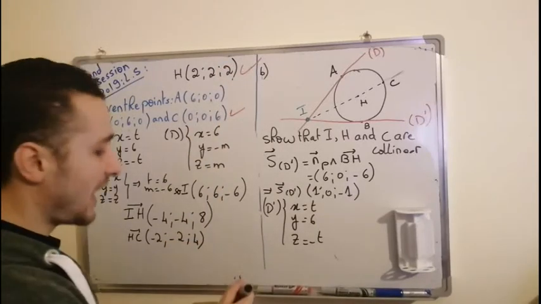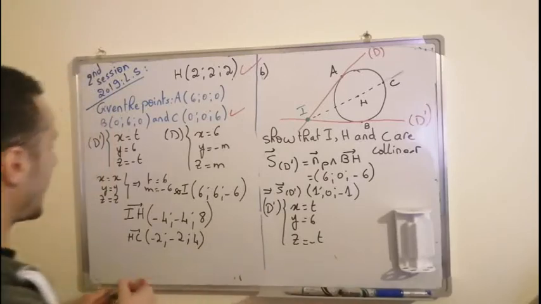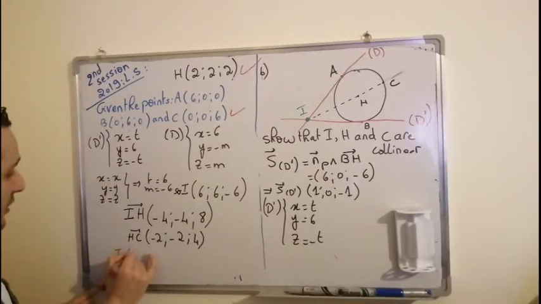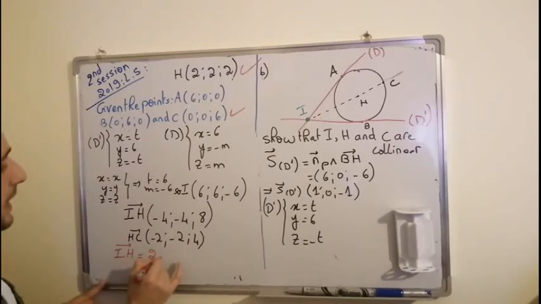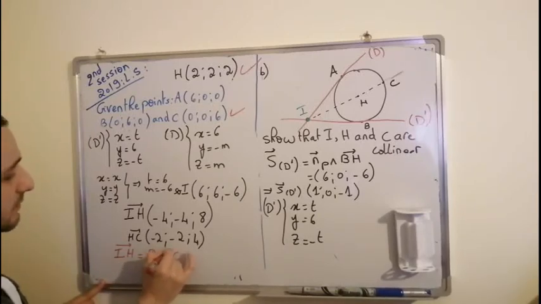We remark that the vector IH equals 2 times vector HC.